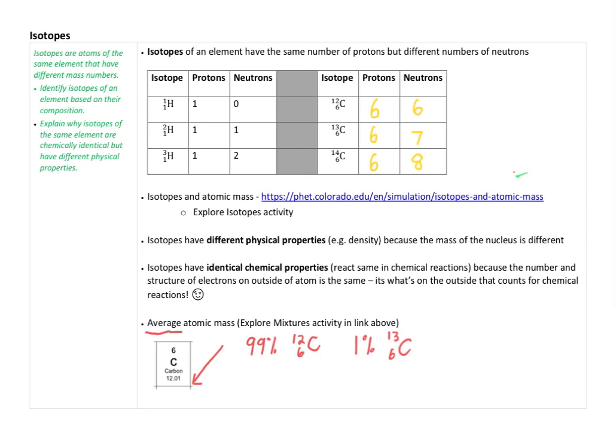So overall, the mass of it will be slightly heavier. Explore that mixtures activity in that link up above, and that'll give you a little bit more of an idea on that. Again, it's not super important to this course, but I think it is worth understanding, and it will help other things fall into place later on as we go.